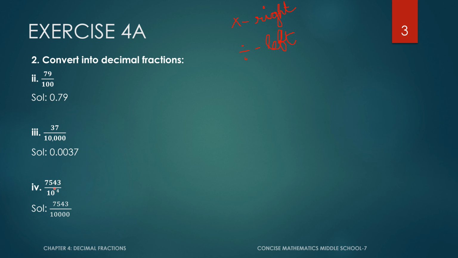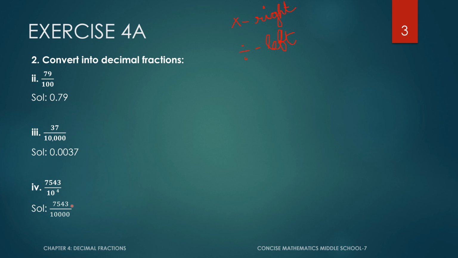because some children will make a mistake over here, this kind of mistakes. Right? Now, how many zeros are over here? 1, 2, 3, 4 zeros. Does this number 7543 have any decimal point? No. So you have to imagine it at the ending. Since it is division, you have to move it towards the left side by 4 places.